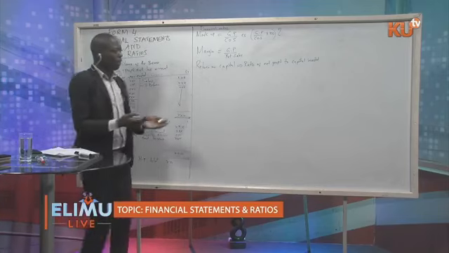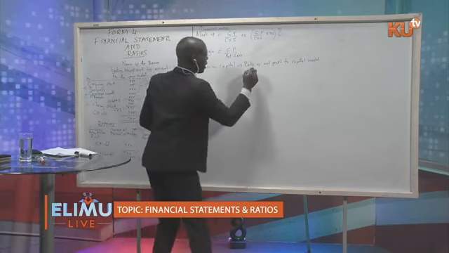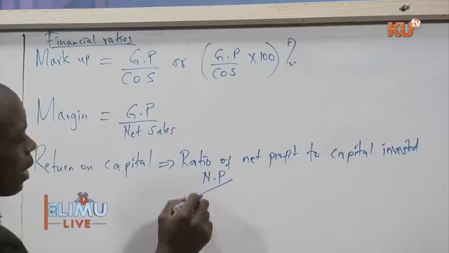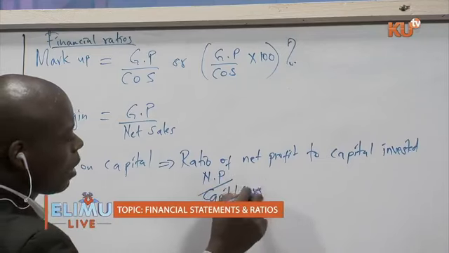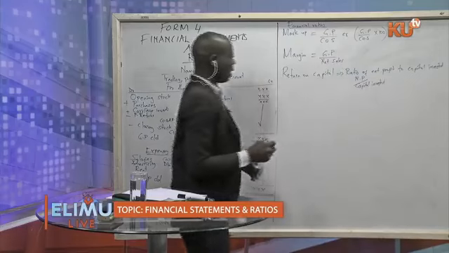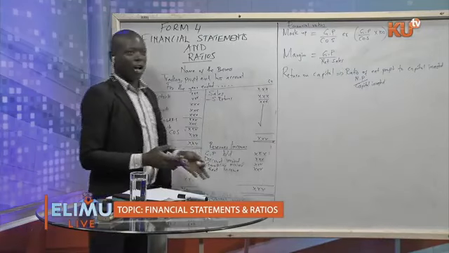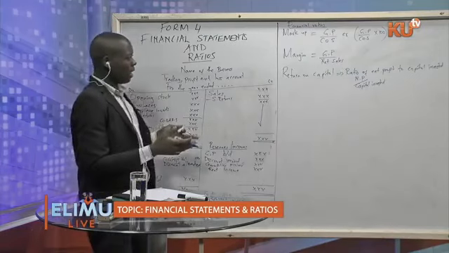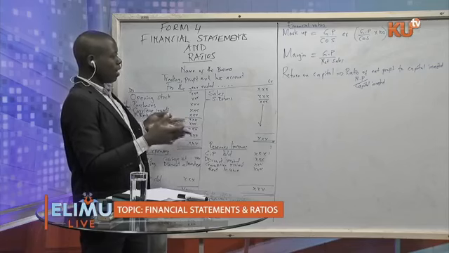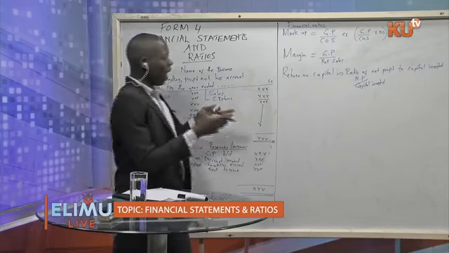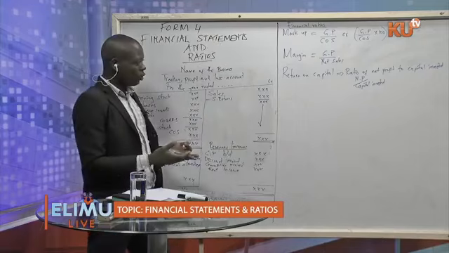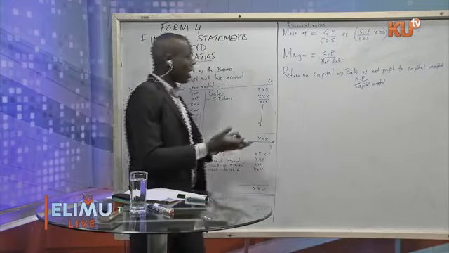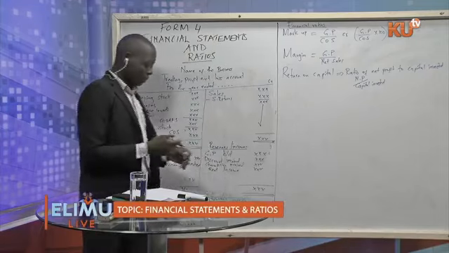That means we take net profit over capital invested. That is how we calculate return on capital. So at the end of the day, the business owner is able to ascertain how much he or she made in relation to the amount of money actually invested in the business.